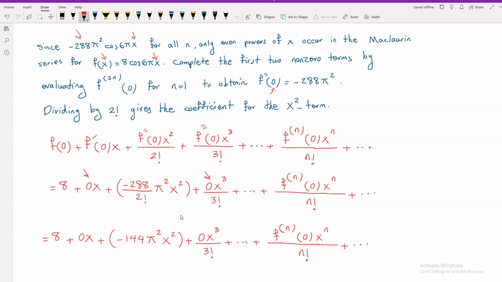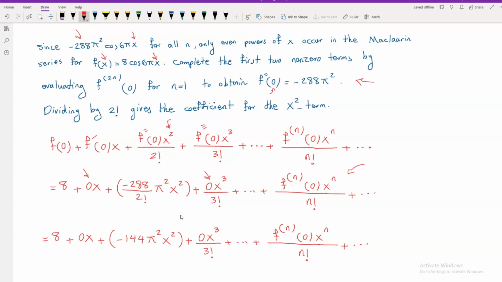So adding what we have for second derivative is -288 pi squared times x squared divided by 2 factorial. So how I explained here as this one, it's -288 pi squared. And then divide by 2 factorial, but we have x squared on that part.